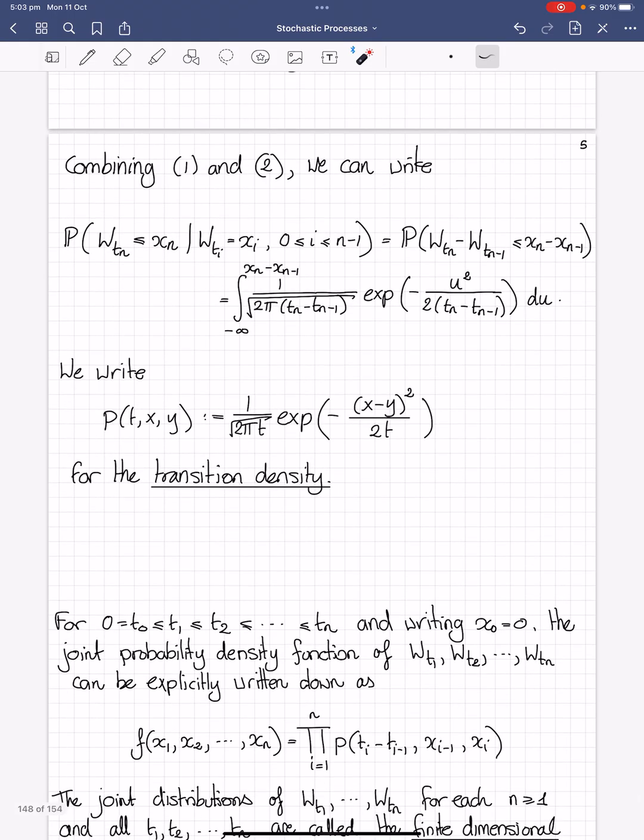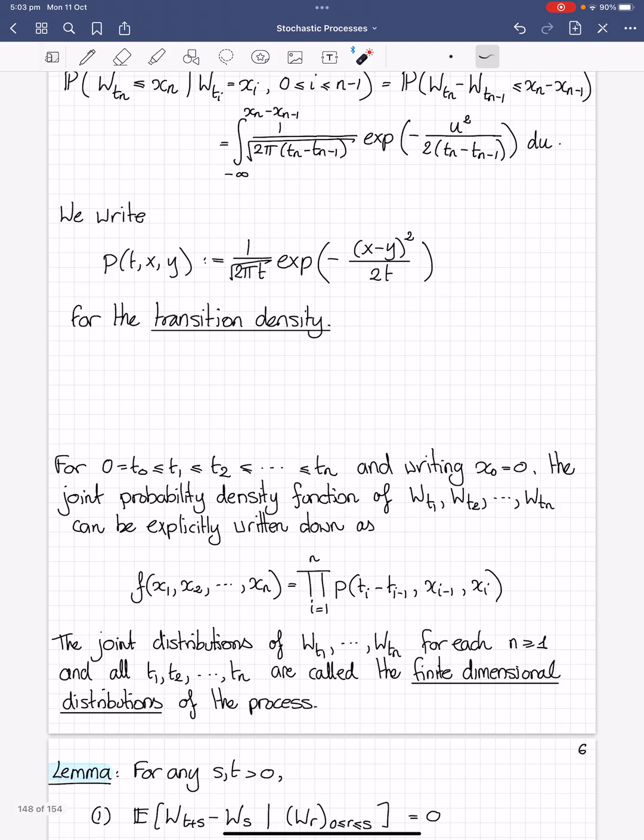What that means is that for time points t0, t1 up to tn, and writing x0 equal to 0, we can write out the joint density function of the Brownian motion at time points t1, t2 up to tn explicitly in terms of this transition density.